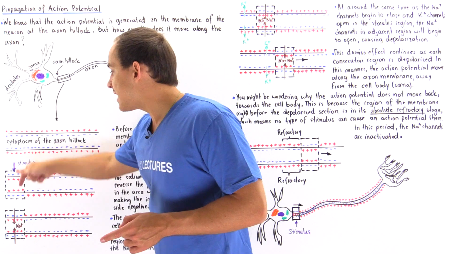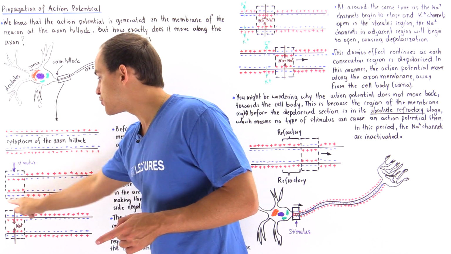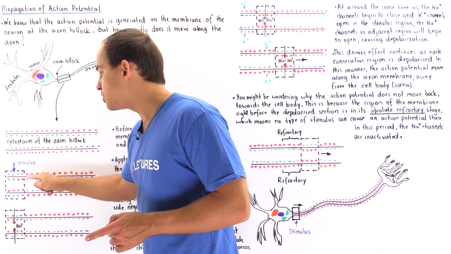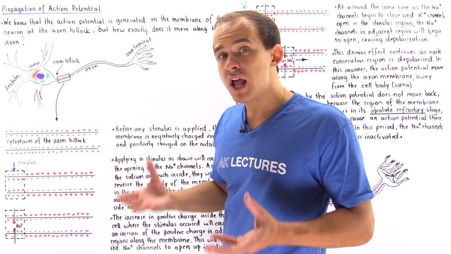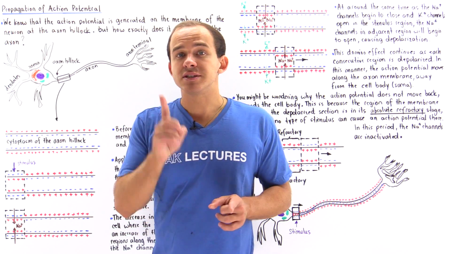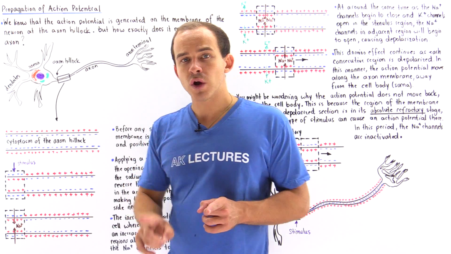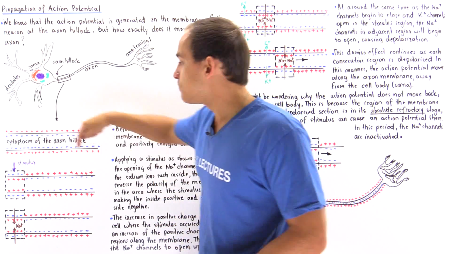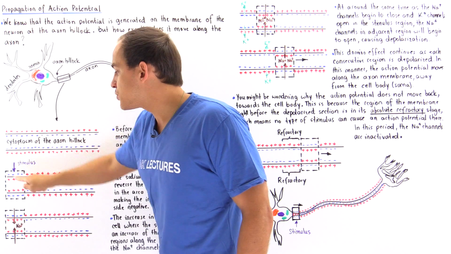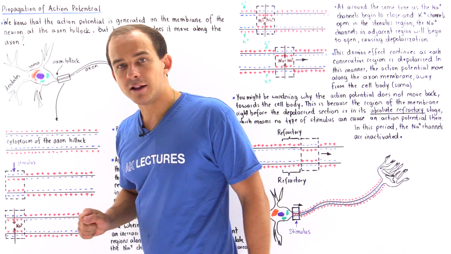And as soon as our stimulus is applied to a certain region, let's say this region, the sodium channels on the membrane open up, and the sodium travels down its electrochemical gradient from the outside and into that cell. So we have an influx of sodium into our cell.